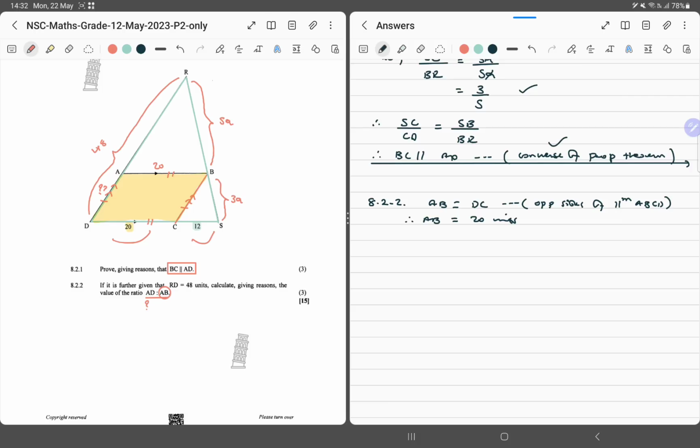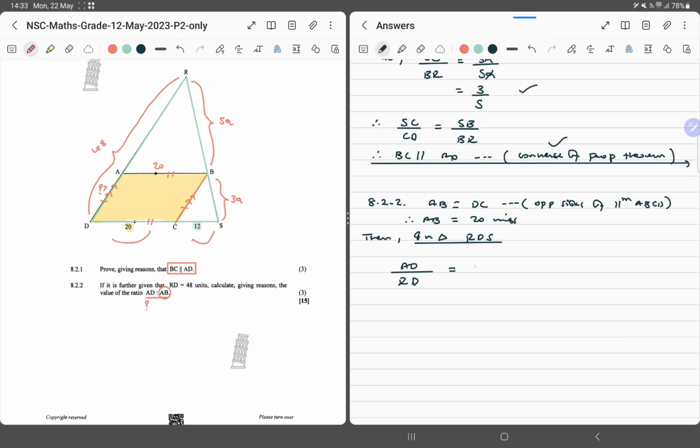Then we can say in triangle RDS, what can we say there? We know that AD, because that's what we're interested in, over the whole side RD in that triangle, because we're told AB is parallel to DS, so we can just use that proportion.